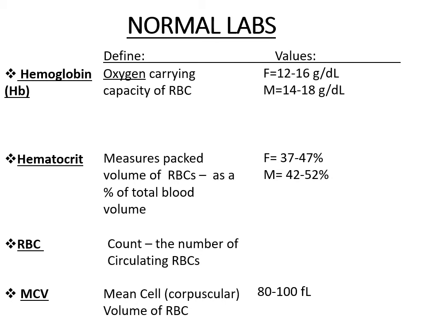The MCV, mean corpuscular volume, is telling us one thing: how large or how small are these red blood cells? This is really going to matter when we're talking about anemias, because different conditions that cause different anemias will give us different sizes of red blood cells. So this will make much more sense when we're talking about the different causes of anemia.